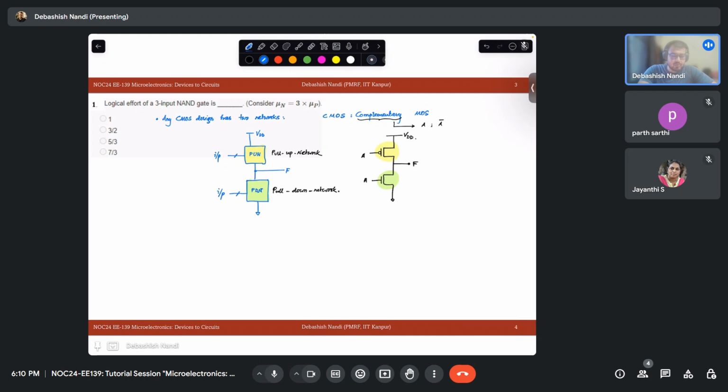Do any one of you want to comment? You can unmute and speak up. What is the network pulling up or pulling down? One is charging and the other is discharging.